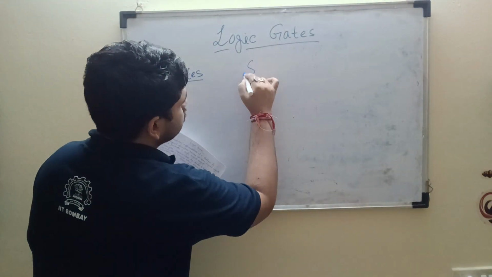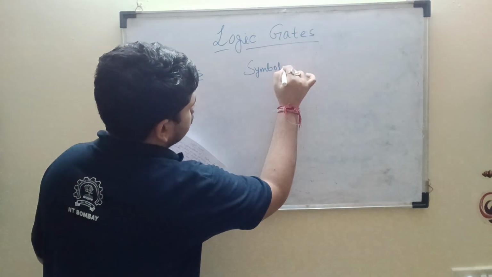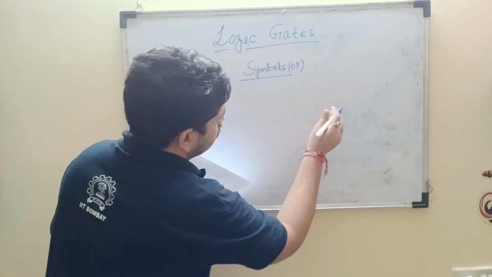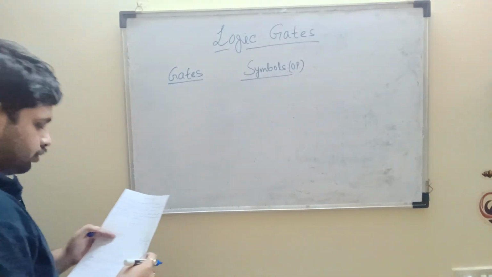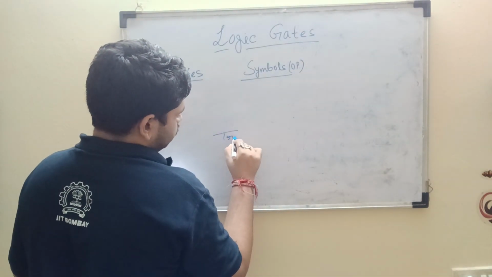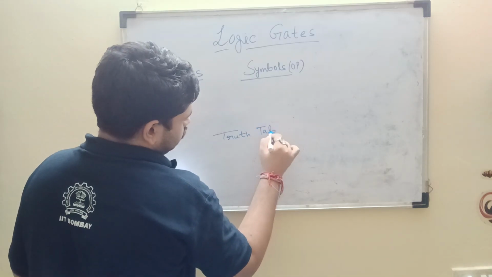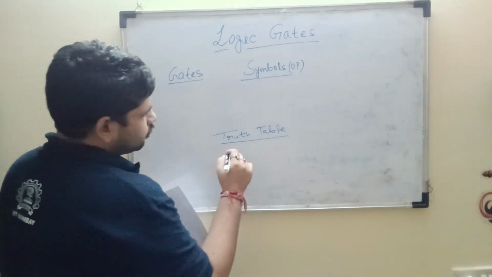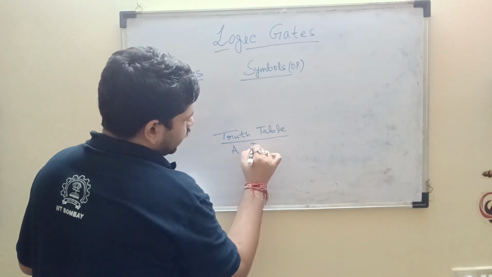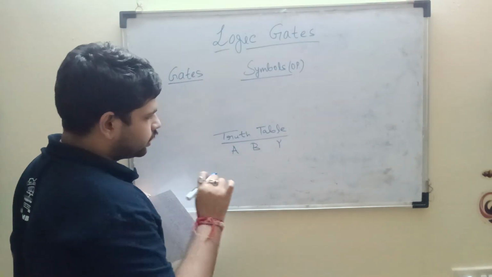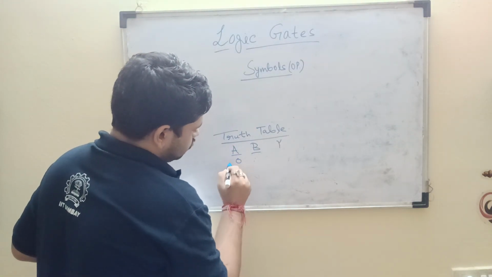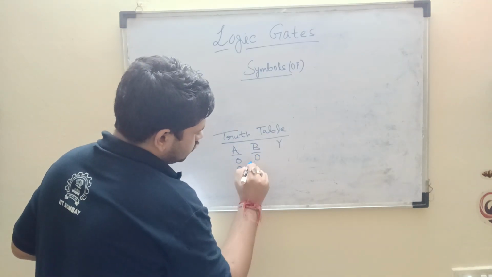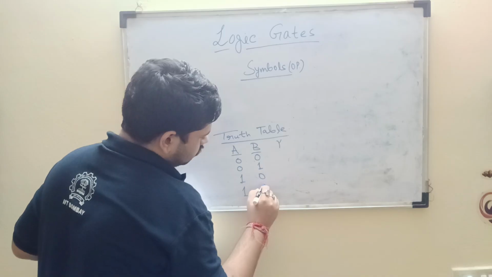The truth table is like this: we give inputs A and B and the corresponding output will be Y. So A will be written as 0, 0, 1, 1, and B will be written as 0, 1, 0, 1.